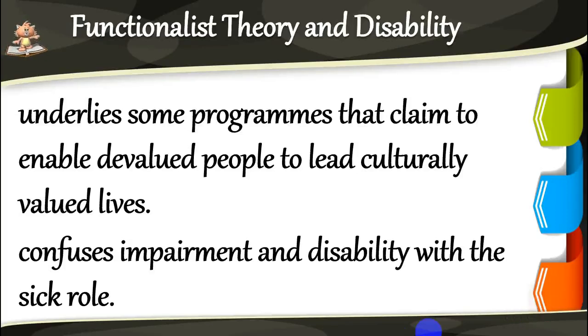The crucial problem is that disabled people, regardless of the type or severity of their impairment, are not a homogeneous group that can be accommodated easily within a society that takes little account of their individual or collective needs.